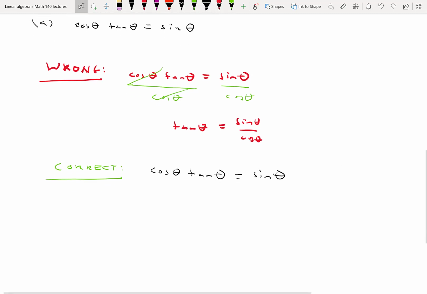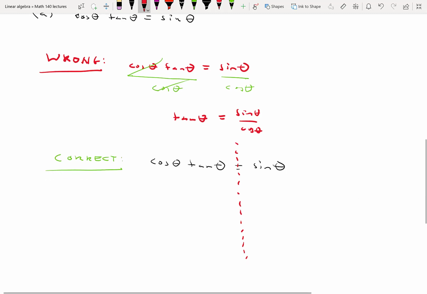What I recommend is that you draw maybe a dotted line between the two sides. Then pick one side and make it look like the other without working on both sides. So it's correct to work only on one side and to try to make it equal to the other side.